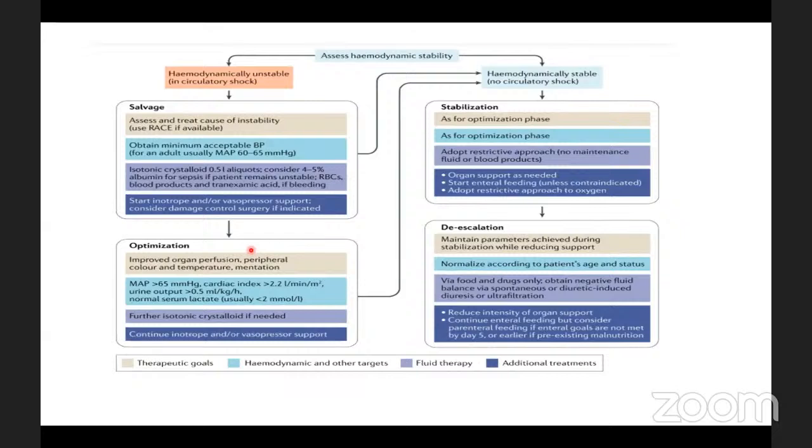Then in the stabilization phase, it's almost the same objectives as the optimization phase, but you also want to offer organ support because the patient needs to be supported, and also initiate feeding. Once your patient has gone through these phases, now you want to de-escalate, which means you want to maintain parameters that have been achieved during stabilization, and you want to normalize the patient's fluid status.